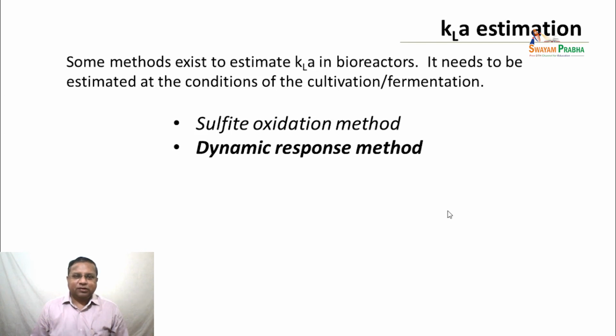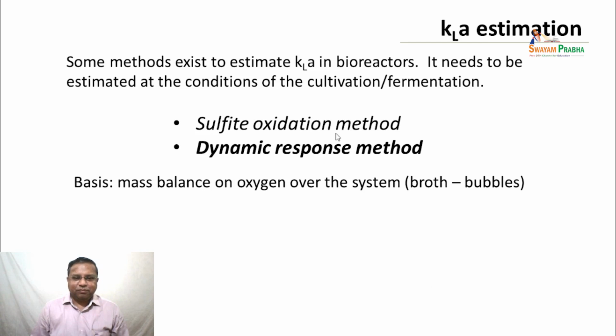There are two methods, both equally old. One is the sulfite oxidation method. The other is called the dynamic response method, which is the most preferred. So this being an introductory course, let us talk about this most common method, the dynamic response method.